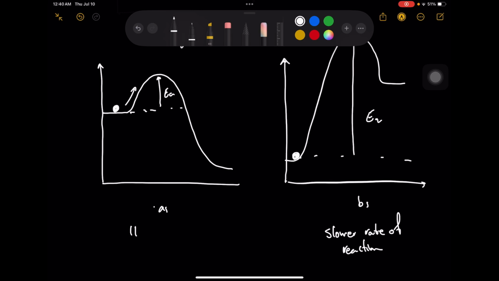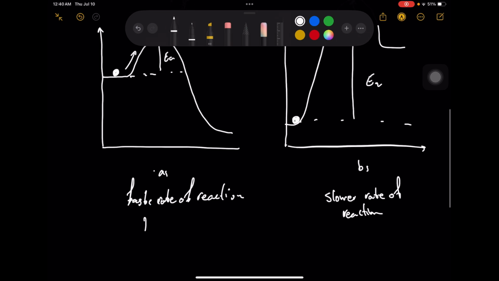This one has a faster rate of reaction, and this one has a low activation energy. This one has high activation energy. Notice that that's important, and you can just think about it.